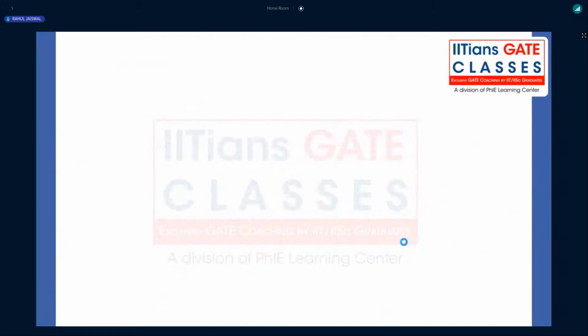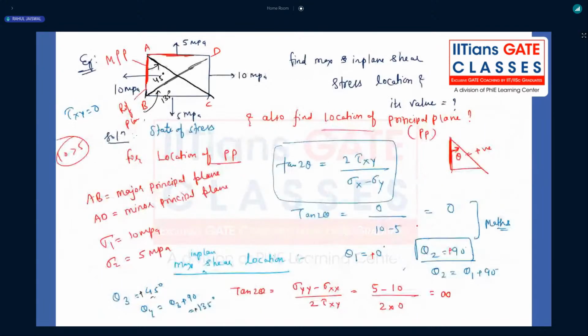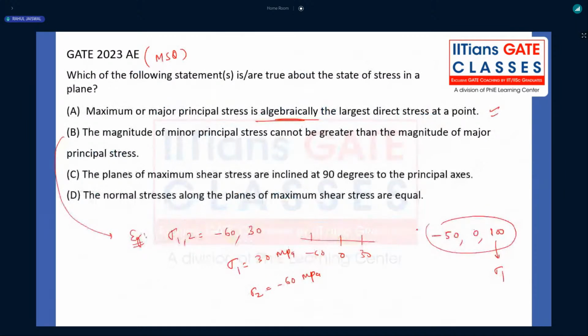Out of 30 and minus 60, whichever is the smallest value algebraically, that is the most negative value, minus 60, that will be sigma 2, right? This will be the major principal stress. This will be the minor principal stress.